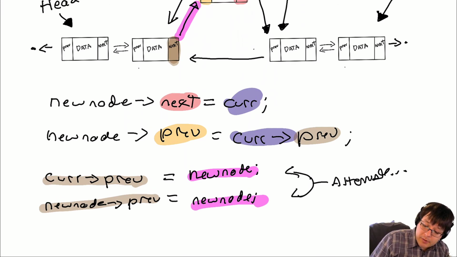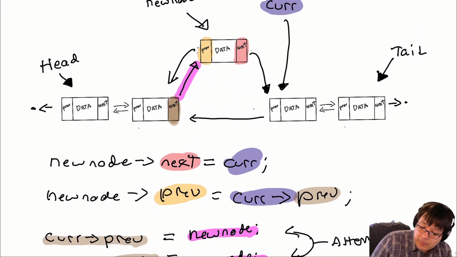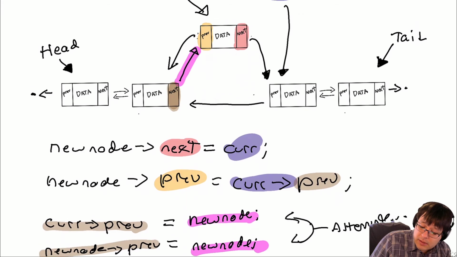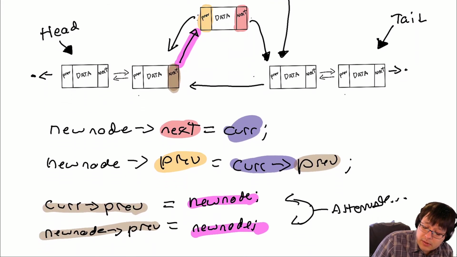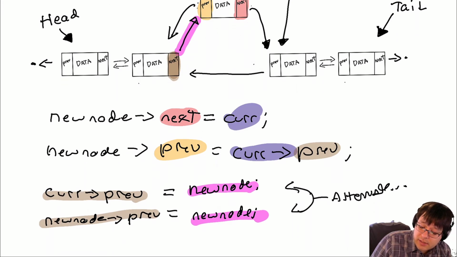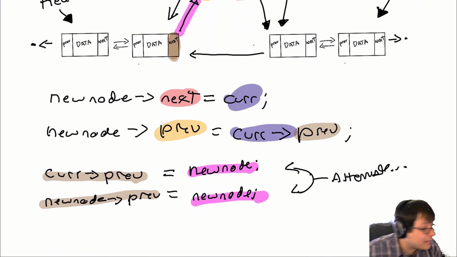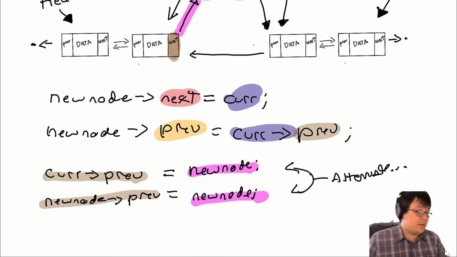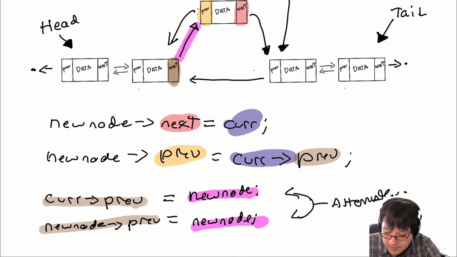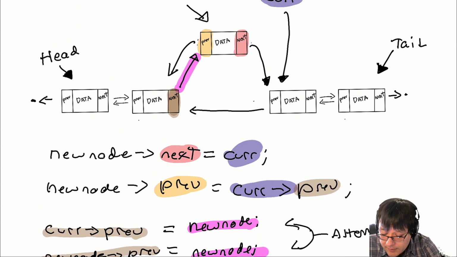Which one do I like to pick personally? I don't know. I think I'd go with the cur one, just because I don't like this whole idea of new node prev gets new node. That sounds weird and might be confusing to somebody. So even the dog is like, no, bad thing. So we'll go with that one.